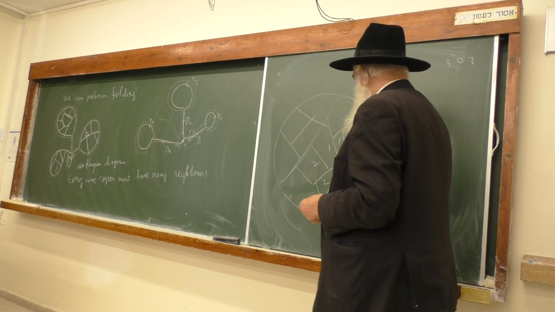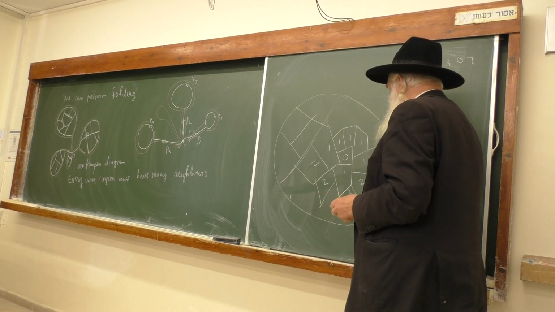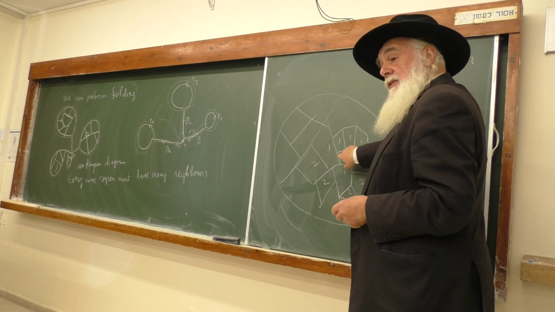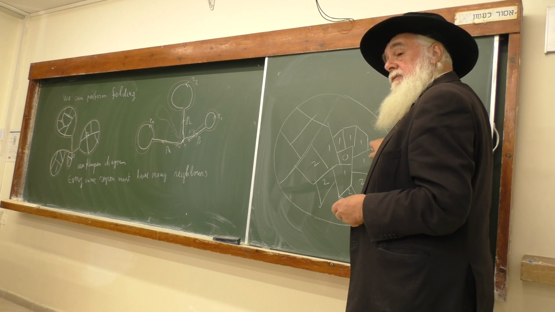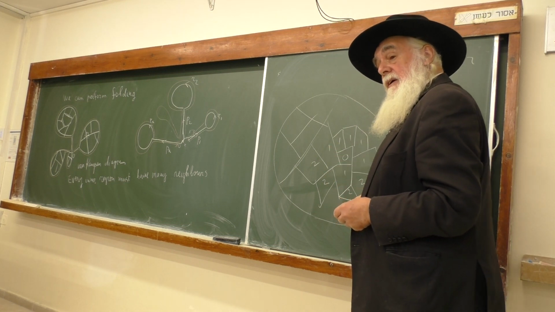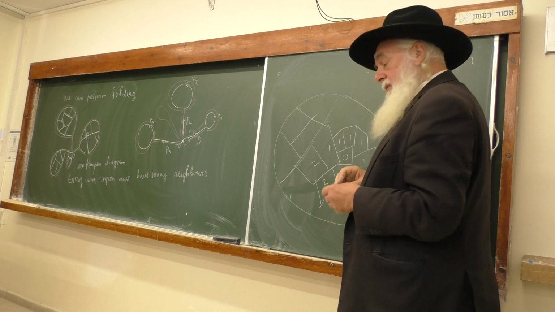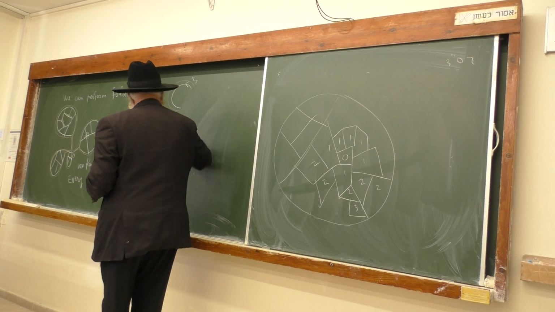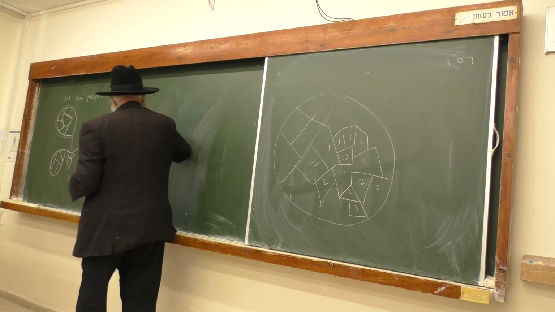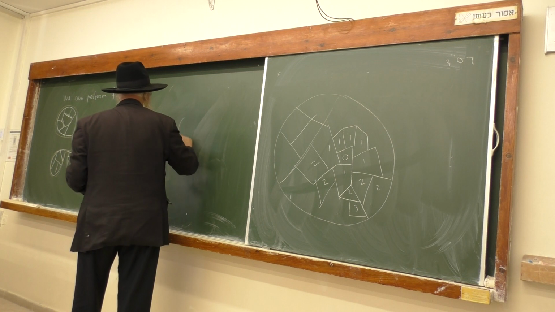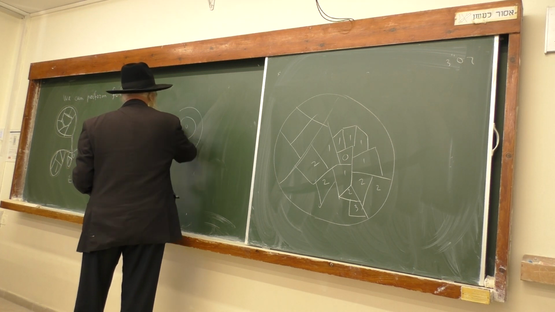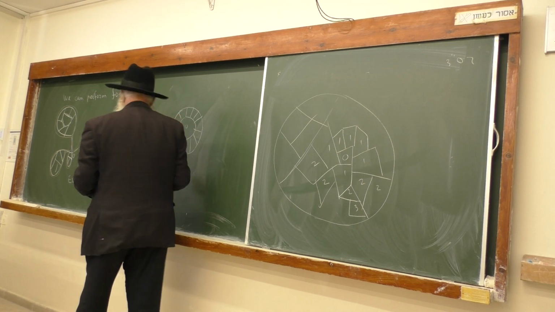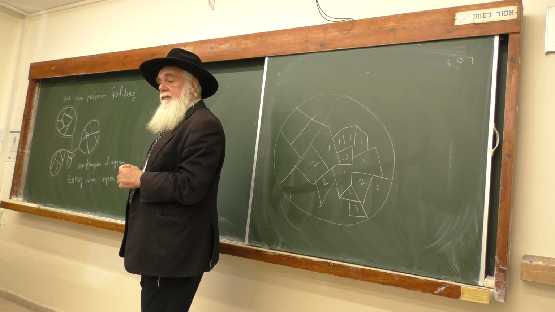Now, assume this was an inner region, then everything around this will have number 1. Now, we have two possibilities. One possibility is that number 1 just gives us an annulus around this.